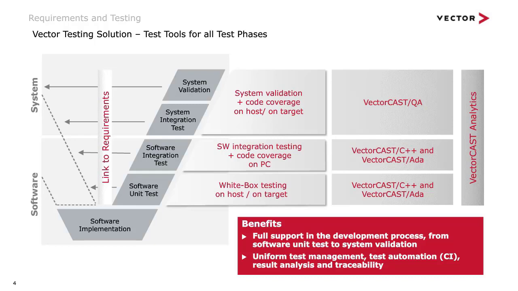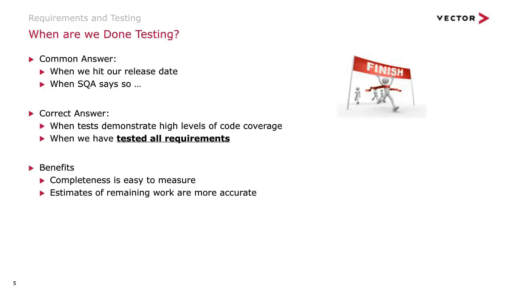So while we're talking about analytics and release readiness, one question I'd like to talk about now is: when are we done testing? A common answer to this question, somewhat sarcastic, is, well, when we hit our release date. Although I'm being a little sarcastic, it's actually true in a lot of cases where we set a date that we've maybe published to our customers for when a particular release is going to be ready.